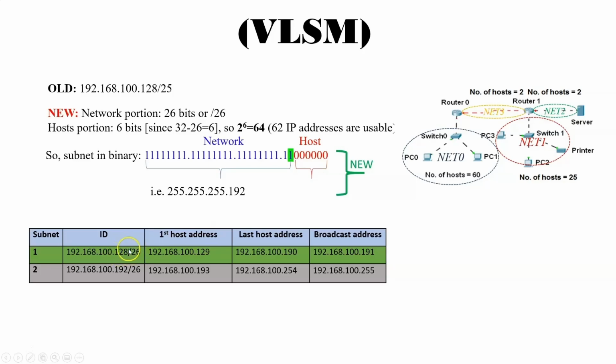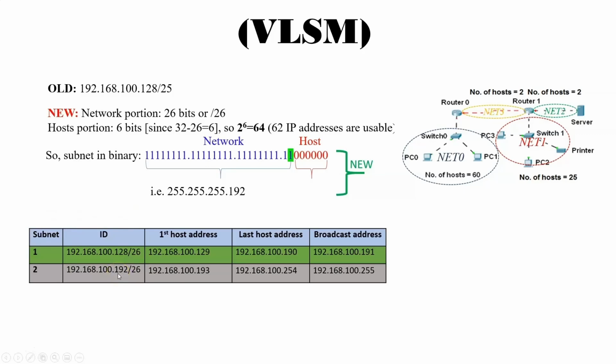So the number of bits for the network is 26. And when this bit is set to 1, then it is 1 1 and then 6 zeros. So what number is that? 192. So that is the starting IP address of the next subnet, or the network ID.